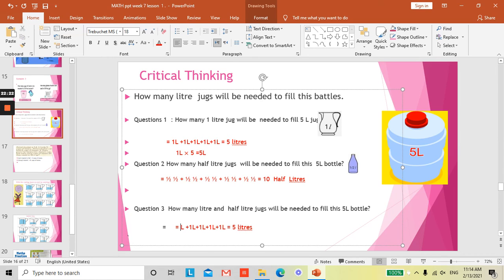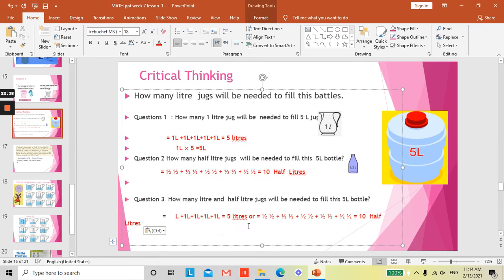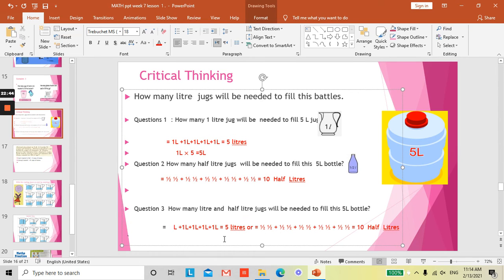We are going to say 5 liters, or that is 10 half liters. So one of these is going to be used to fill the bottle. So this is our answer.